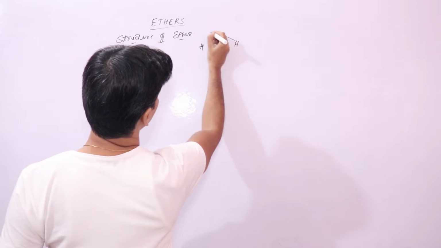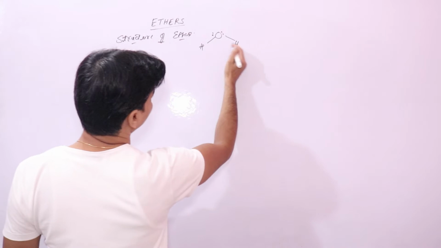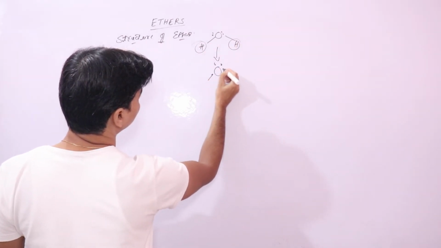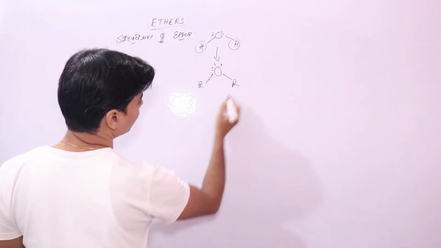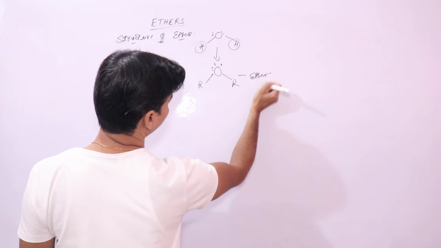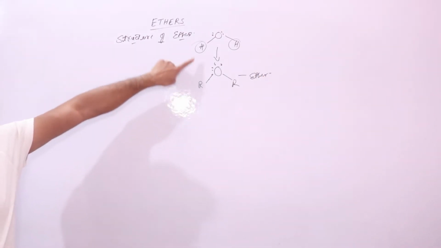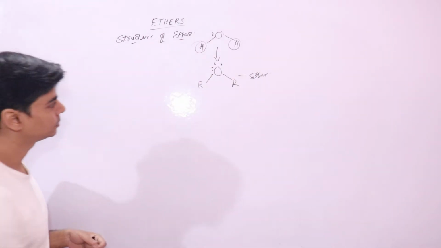This is how we draw water. We have two lone pairs of electrons. Now if I replace the two hydrogen atoms by alkyl groups, what I will get is an ether. So ethers have a similar structure to that of water.